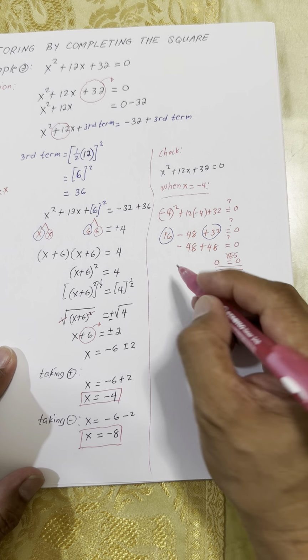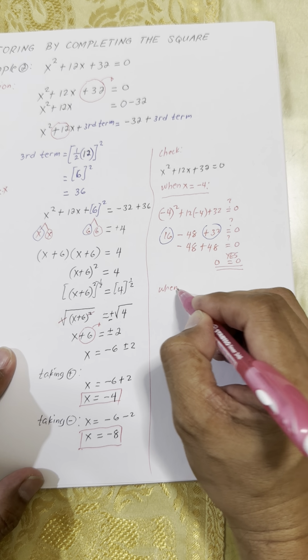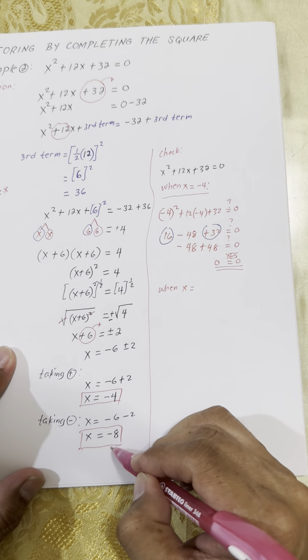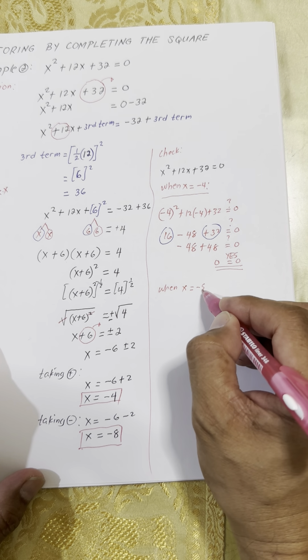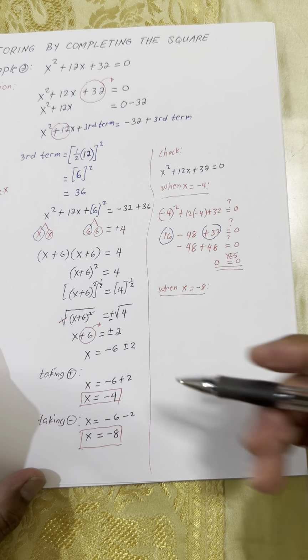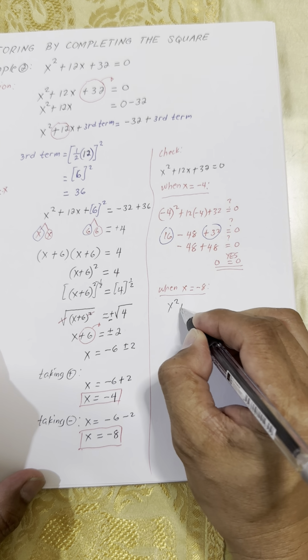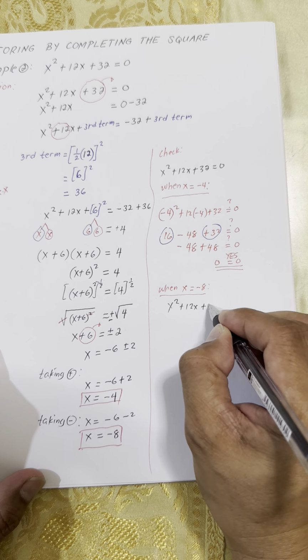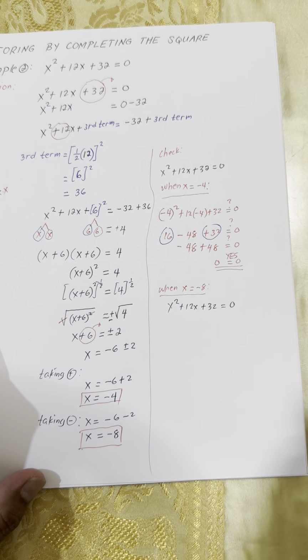Next, when x equals minus 8, again substitute it into the given equation. Write the equation first: x squared plus 12x plus 32 equals 0.